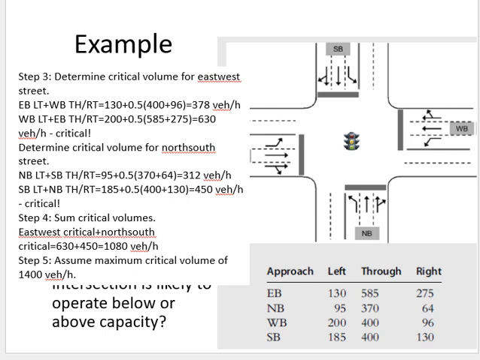If you are taking left turn from here, then you will be crossing with this movement, right? So eastbound left turning will be crossing with westbound through and right, because these movements are happening together.